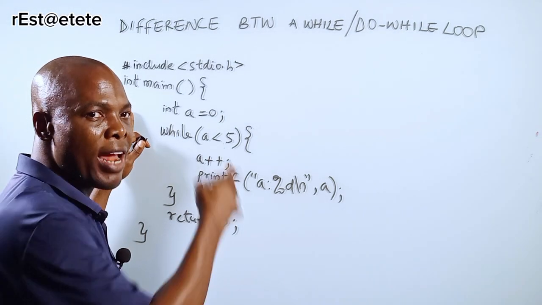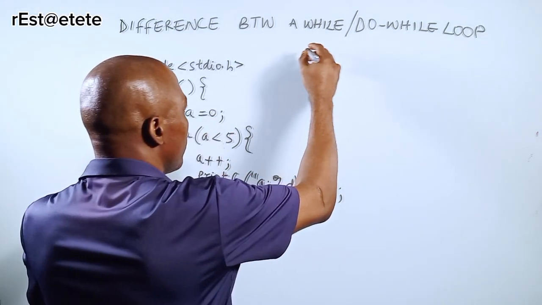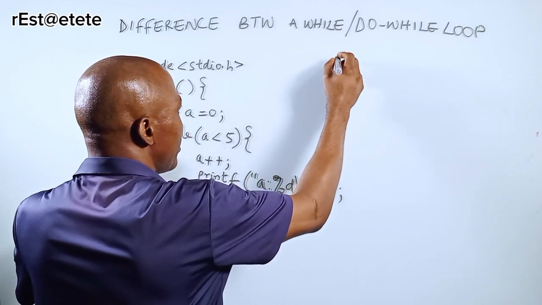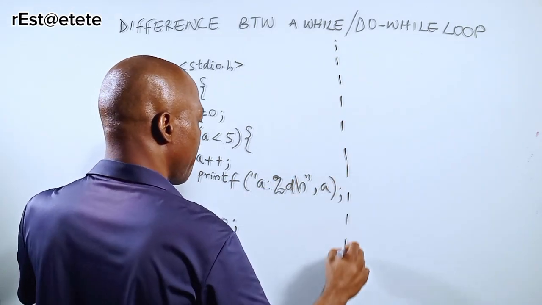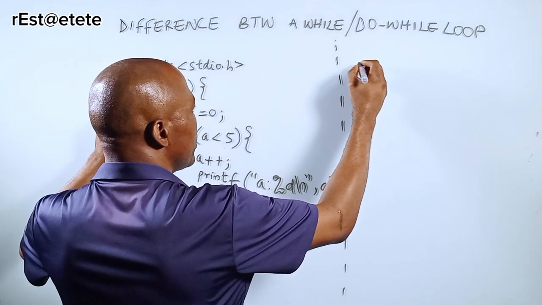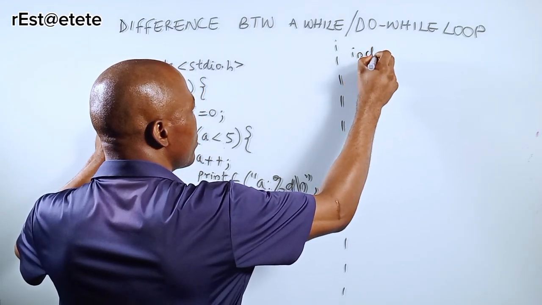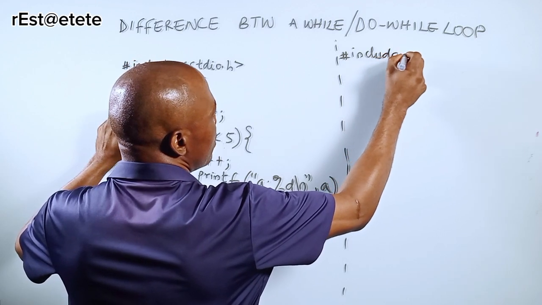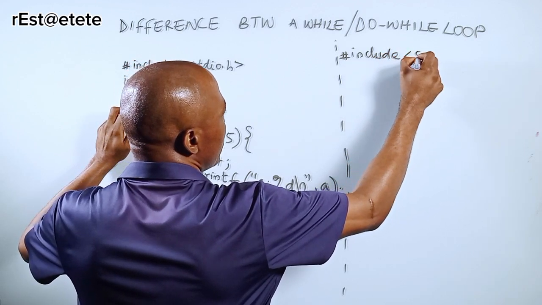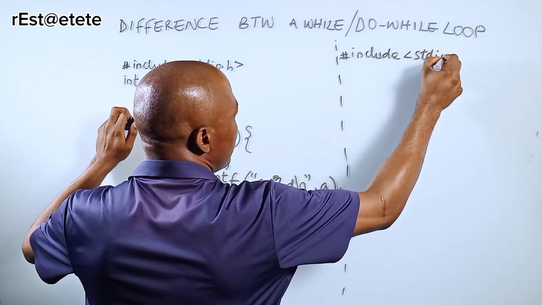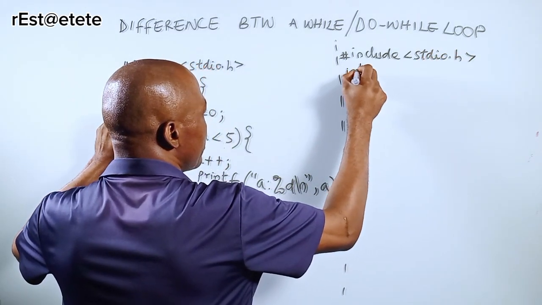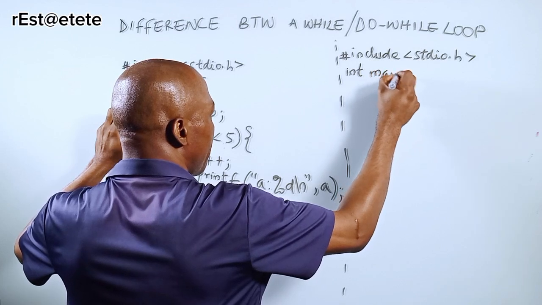Now let's write a do while loop. Here I will write the same thing: include stdio.h. Then I will say int main.